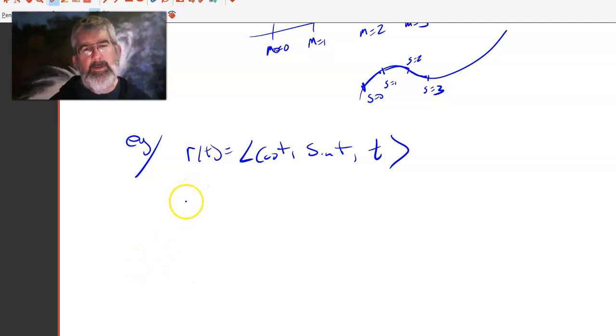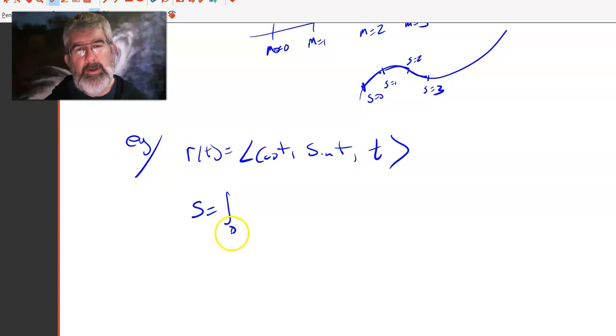So what I want to do is calculate arc length, right, let's say arc length is the integral from 0 to whatever time I want to stop at. Well, how far have I moved along the curve from t equals 0 to t equals, well, let's say t here, okay?